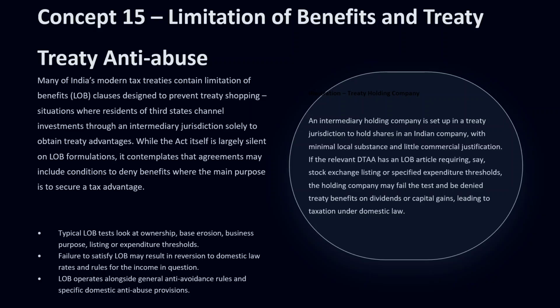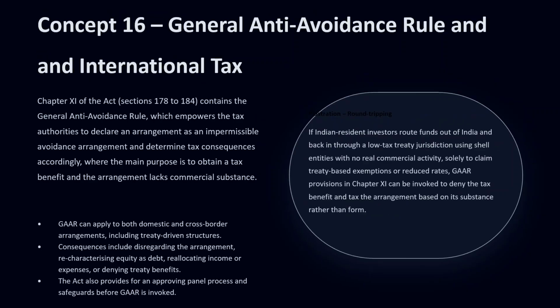So if the relevant DTAA has an LOB article requiring substantive business operations, listing or expenditure threshold, this shell holding company may fail the LOB test and may be denied treaty benefits on dividends and capital gains. So the domestic law rates will be applicable accordingly. So guys, this is the concept of limitation of benefits and the treaty anti-abuse clause.